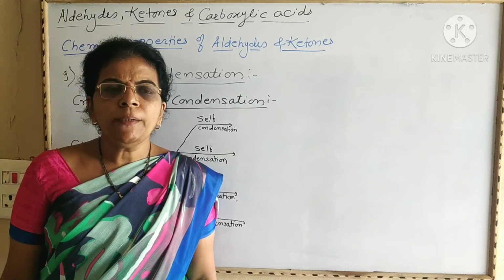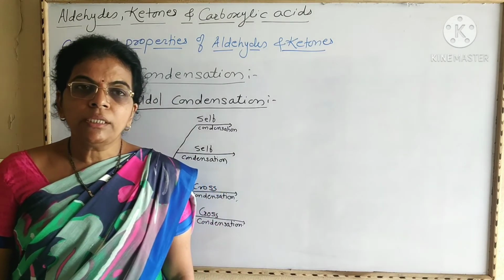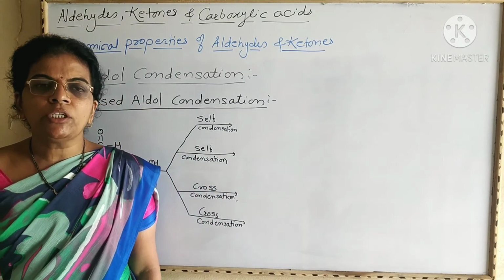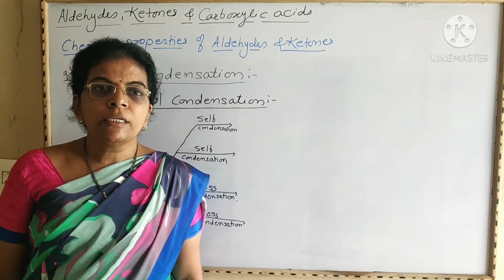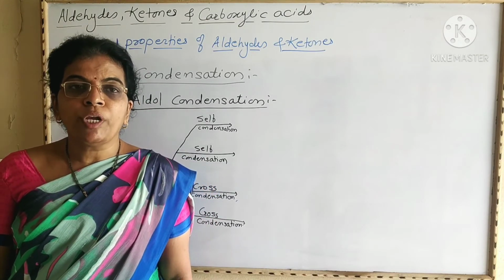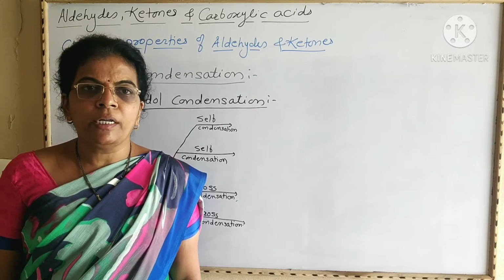Now we are going to see the crossed aldol condensation reaction. In the self-aldol condensation reaction, we have seen that when two similar molecules of aldehydes or similar molecules of ketones undergo condensation, it is self-condensation.